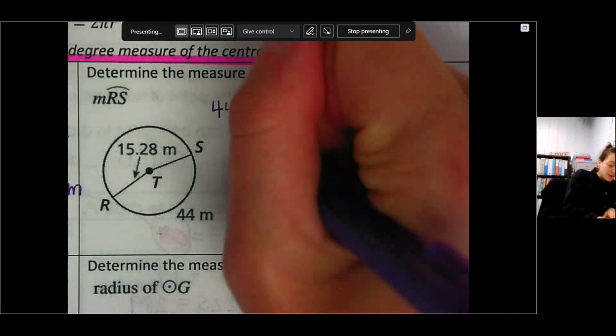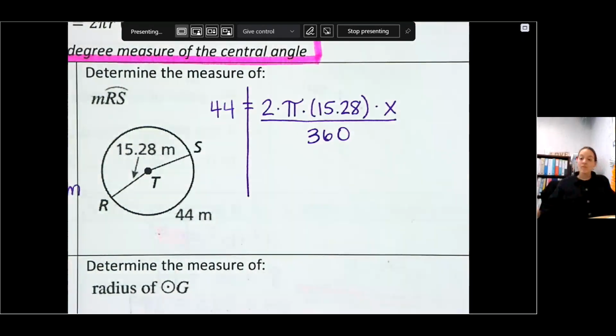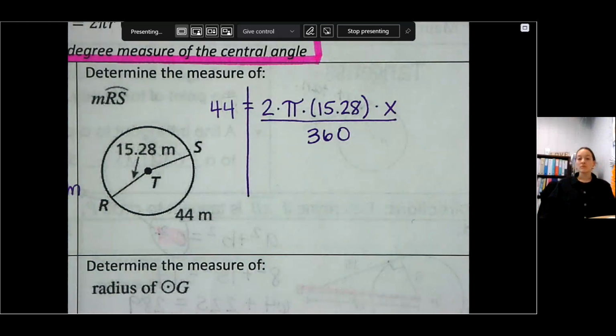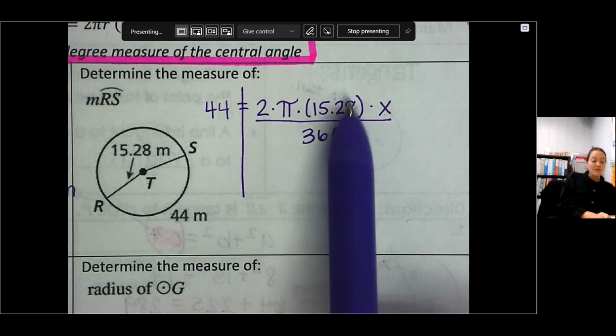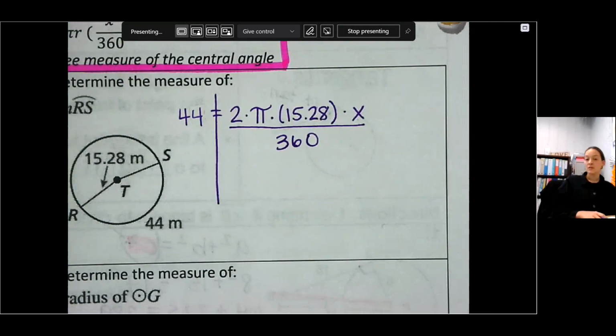This is an algebra problem where essentially you're trying to get x by itself. So everything that's not an x has to get moved over to the other side. Now, what should be the first thing I move? I want to get the x by itself, so everything else has got to go to the other side.